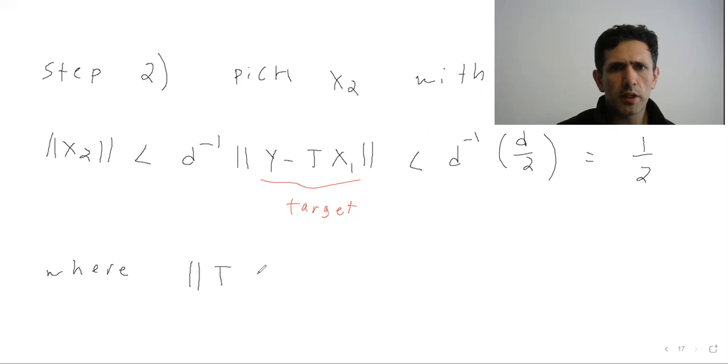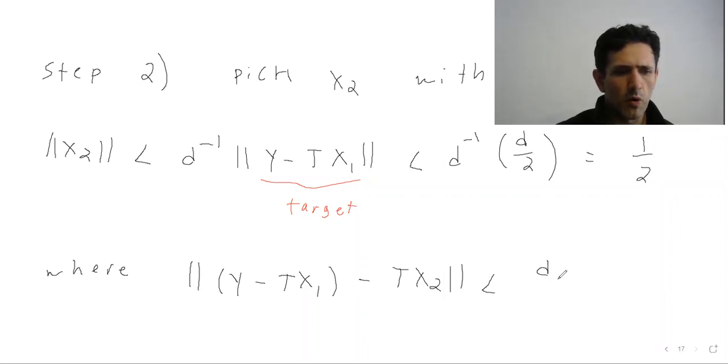So sorry, it's my target, y minus tx1 minus tx2. I want this to be less than d over 2 squared. So this is my new tolerance.